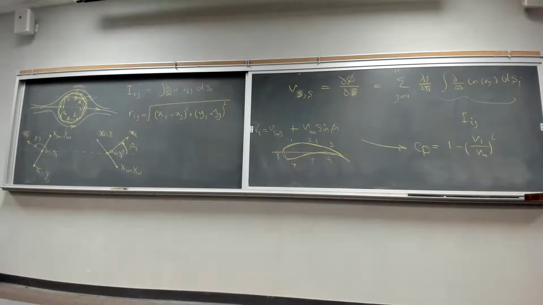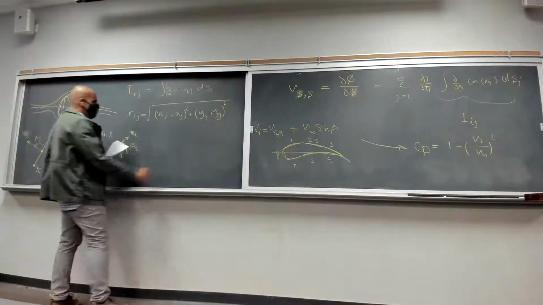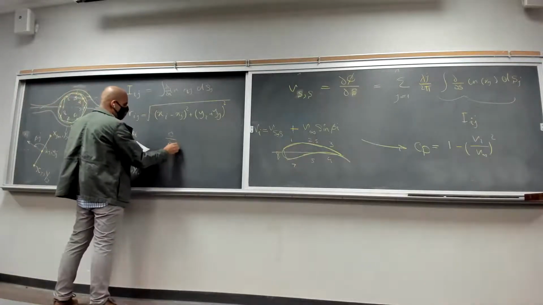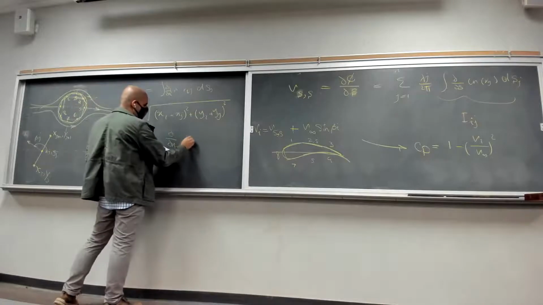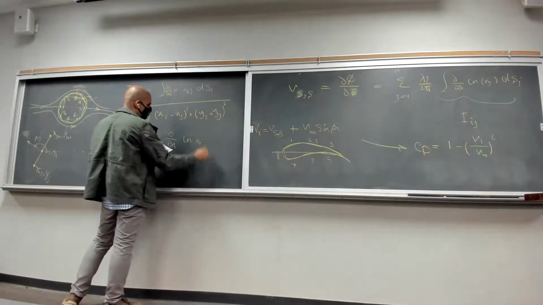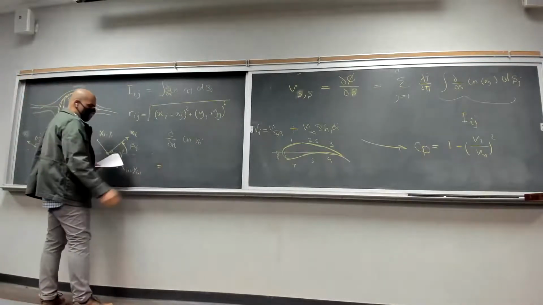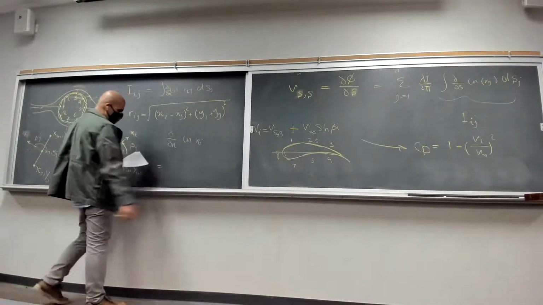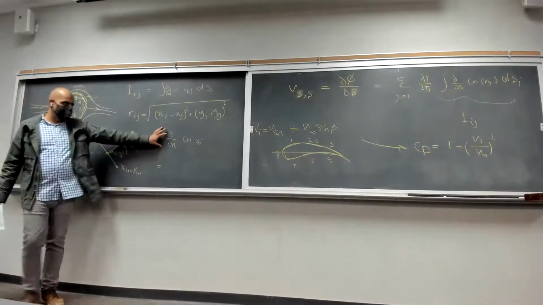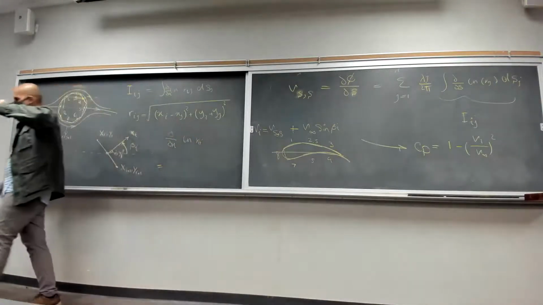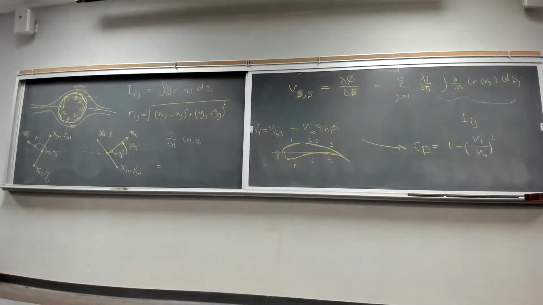Okay, so what will be the partial n of natural log of Rij? Who can tell me what is the value for this? Partial n of natural log of R. It will be the derivative of R divided by R, right?